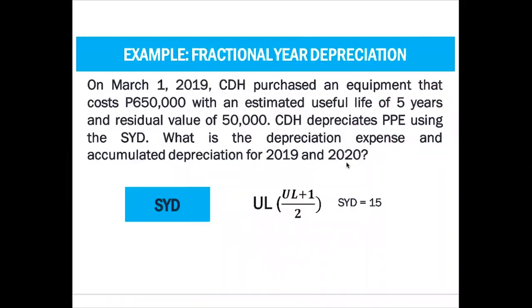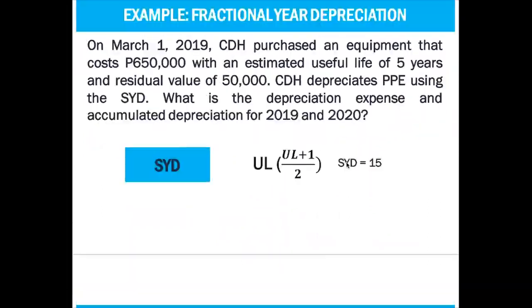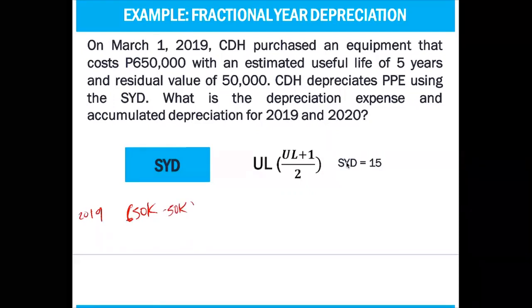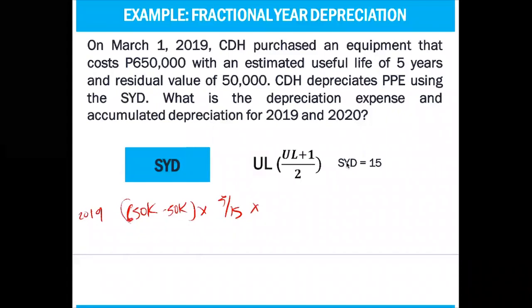How about a fractional year? If that is a fractional year, you just get the depreciation for year 1 and year 2. So we have here March 1, 2019. So we have here 650,000. So for 2019, we have here 650,000 less 50,000 multiplied by 5 over 15. How many months? March 1, 2019 to December 2019.